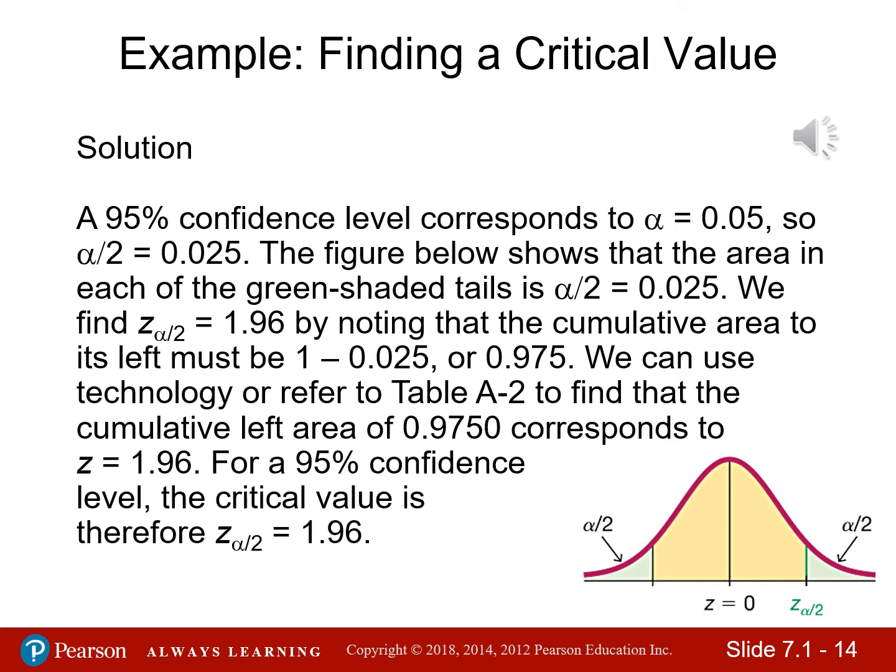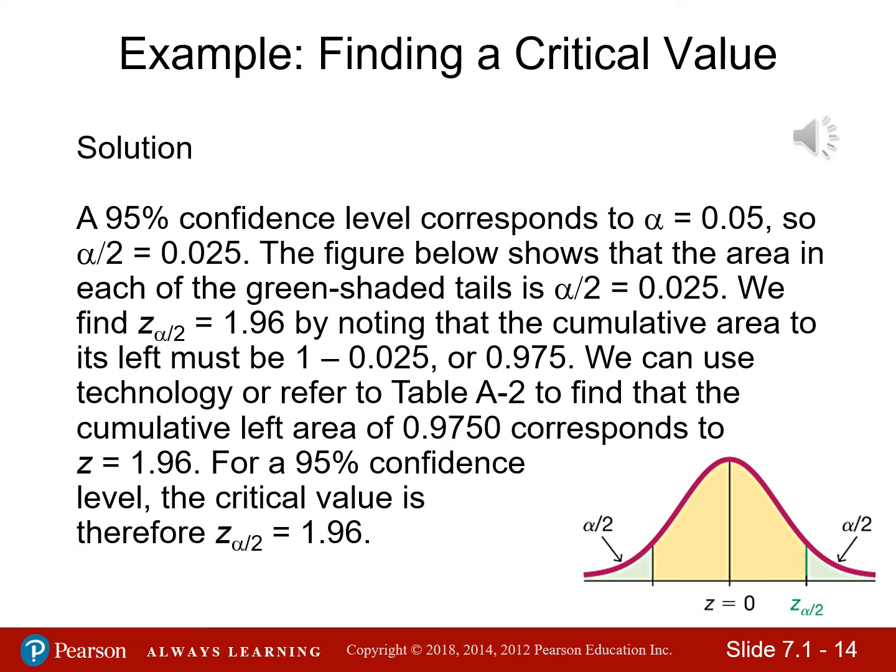The figure below shows that the area in each of the green shaded tails is equal to alpha over 2, which is equal to 0.025. We find z to the alpha over 2 equals 1.96 by noting that the cumulative area to its left must be 1 minus 0.025, or 0.975.